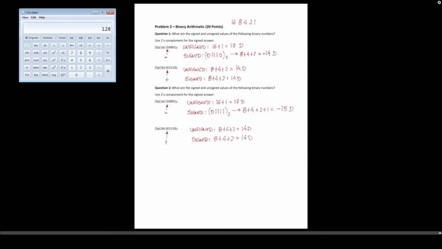And here you go, those are your answers. I can highlight here so we know the expected answer. And that's it. So let's keep going.